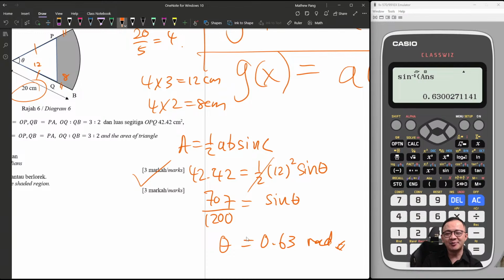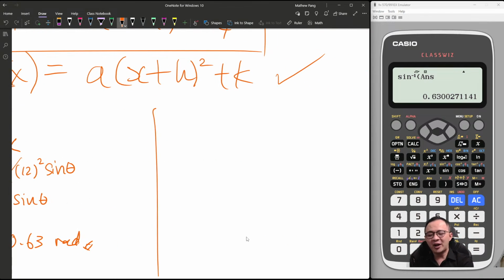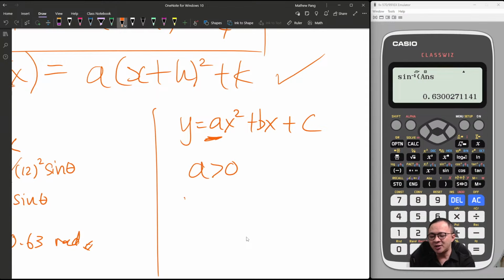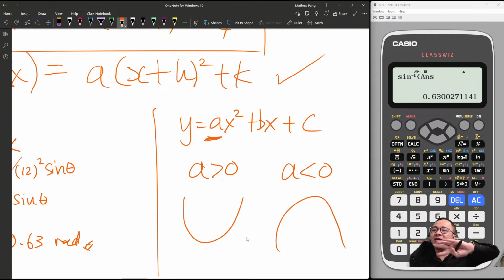Sir, why did the 4 become -4 in the new equation? Could you repeat the explanation again, sir? Alright, the 4 becomes -4 just because it goes from U shape to N shape. a must change, isn't it? If you have no idea what is a, then you go to revise your quadratic equation topic. Because what the a is doing is when positive you get U, when negative you get N. So right now after the U shape reflection on the x-axis, it becomes N shape, isn't it?